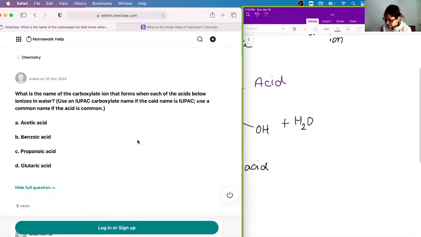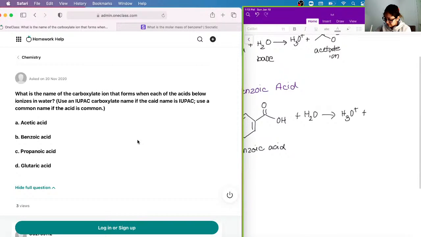This will form your hydronium ion plus your benzoate ion, right? Your OH from your carboxylic acid group loses a proton. So this is your benzoate.